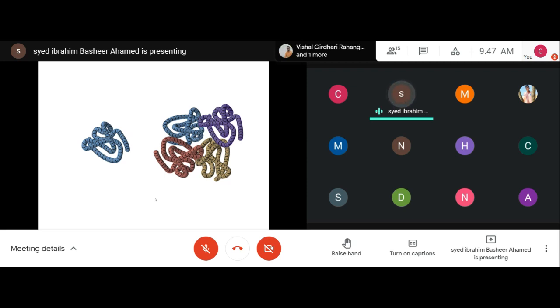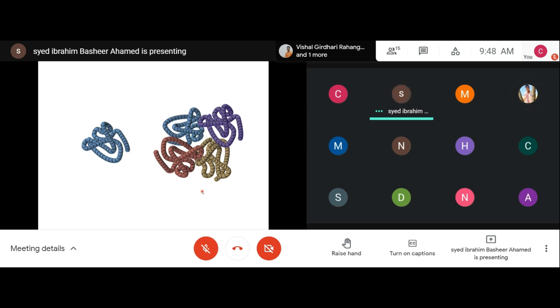Sir, the first one is secondary structure. The second is like quaternary structure, a group of secondary structures. You are saying this is secondary structure and this is a quaternary structure.